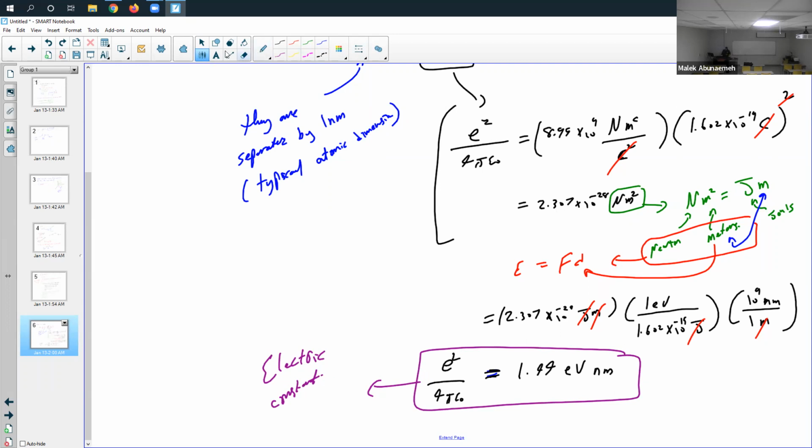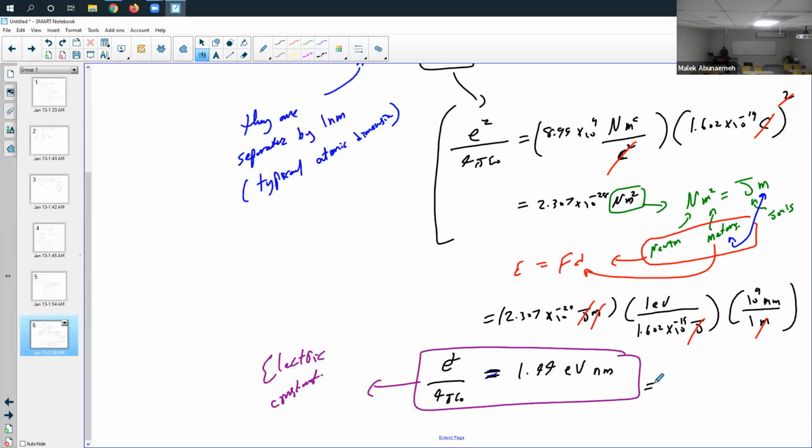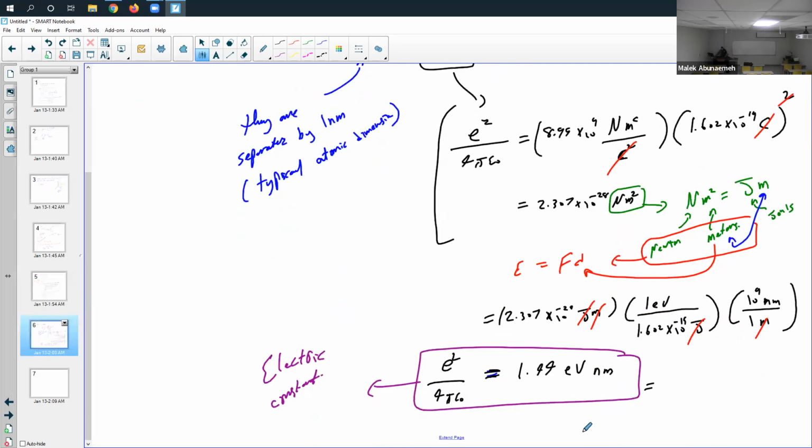Now, if you actually convert it to femtometers, it would be 1.44 MeV femtometer.